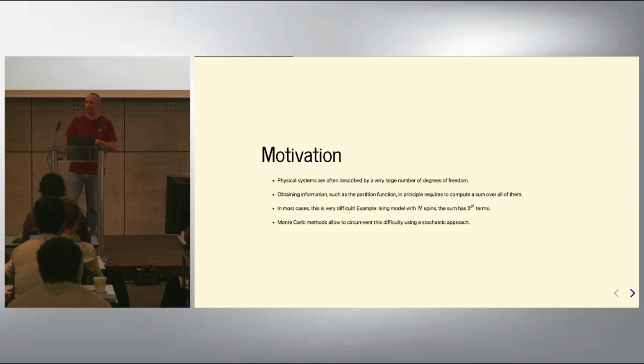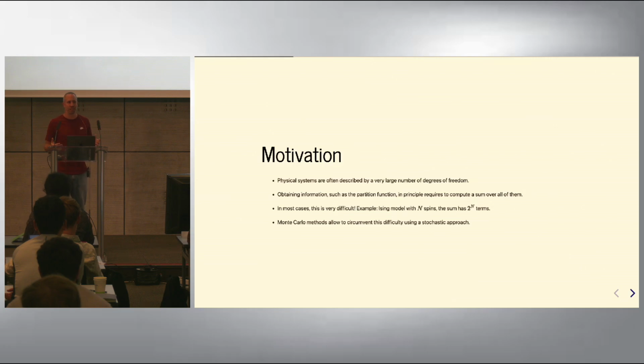Even for a simple two-dimensional Ising model with n spins, the number of terms that you need to sum to compute the partition function is 2 to the power n, and this very quickly becomes impossible to do.